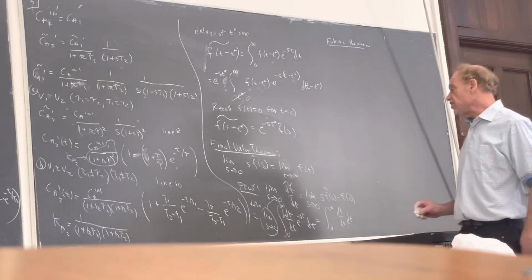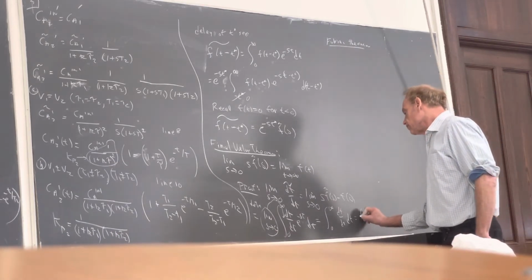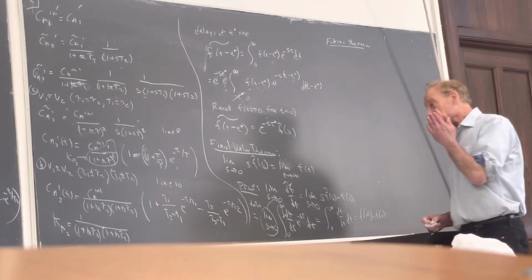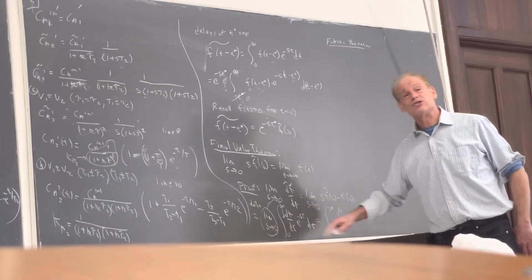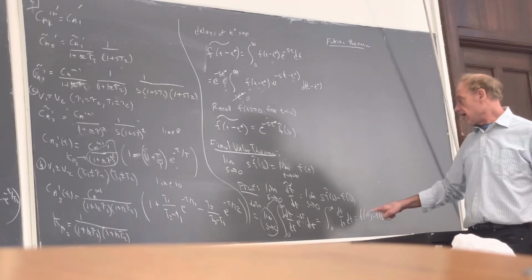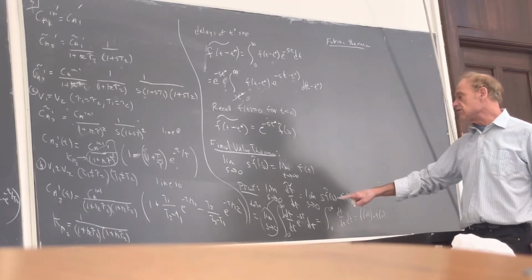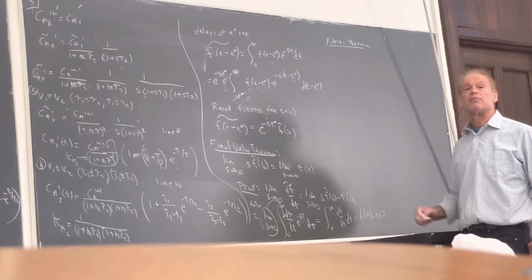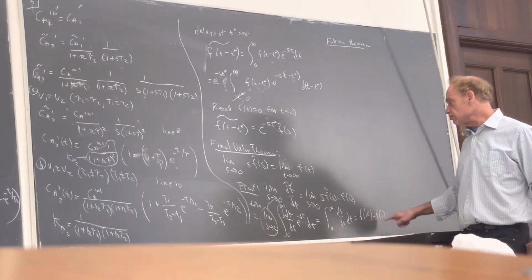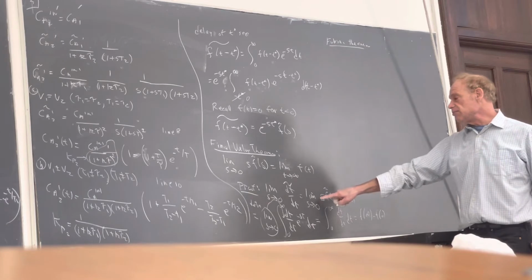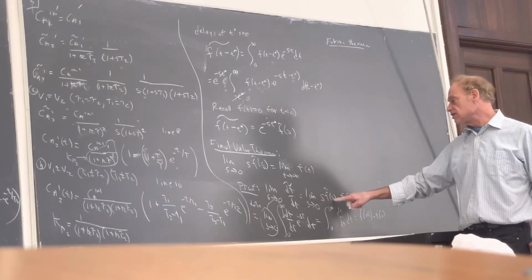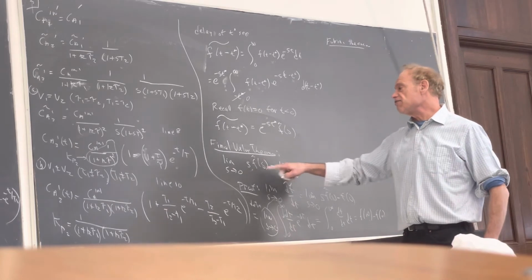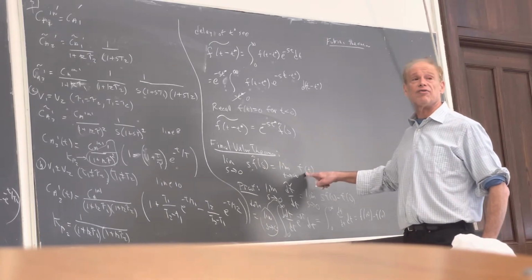That's just f of infinity minus f of 0. So when I can switch the limits, I have f of infinity minus f of 0 equal to the limit as s goes to 0 of s f tilde of s minus f of 0. So the f of 0 cancels, and I have the limit as s goes to 0 of s f tilde of s is equal to f of infinity.